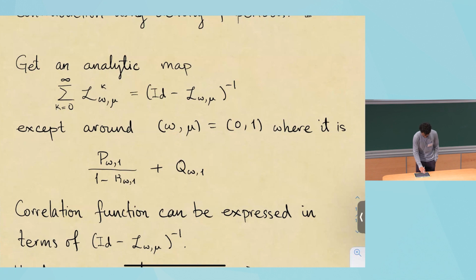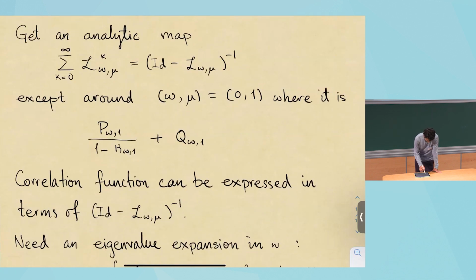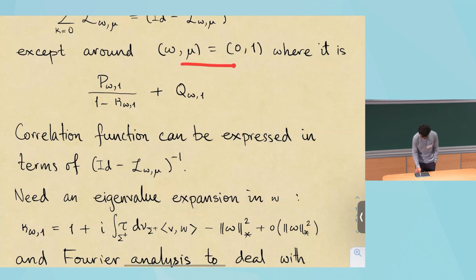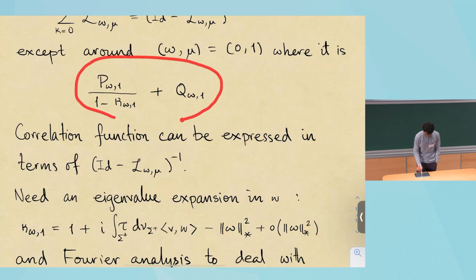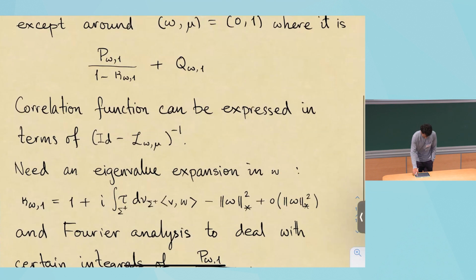And this property is useful because you basically get an analytic map. You can show that this identity minus the transfer operator inverse, this Neumann series, is analytic with respect to this vector in the Lie algebra of A. And near the trivial parameter, you have a pole, and you can write the transfer operator like this.